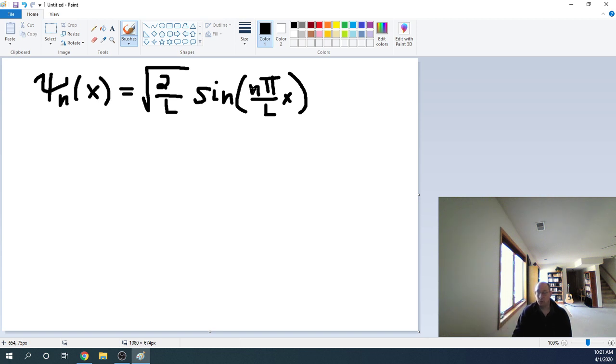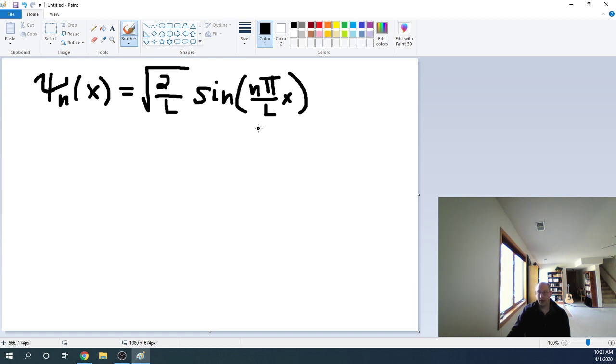So when n equals 1, the one with just one peak in the box, that's one version. But another one that also works is 2, and that's the wave function where it goes up and down, and then it's 0 at the endpoints again. It still works, but 3 also works, and 4 also works. So n is any integer, and those wave functions, they all work.